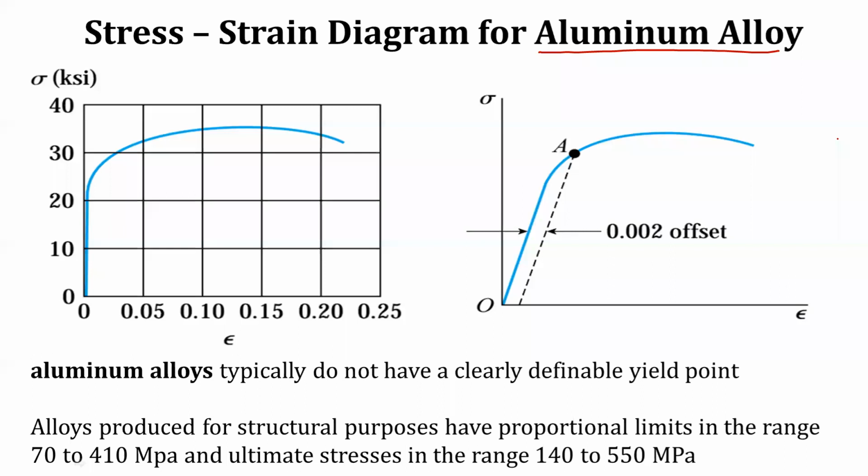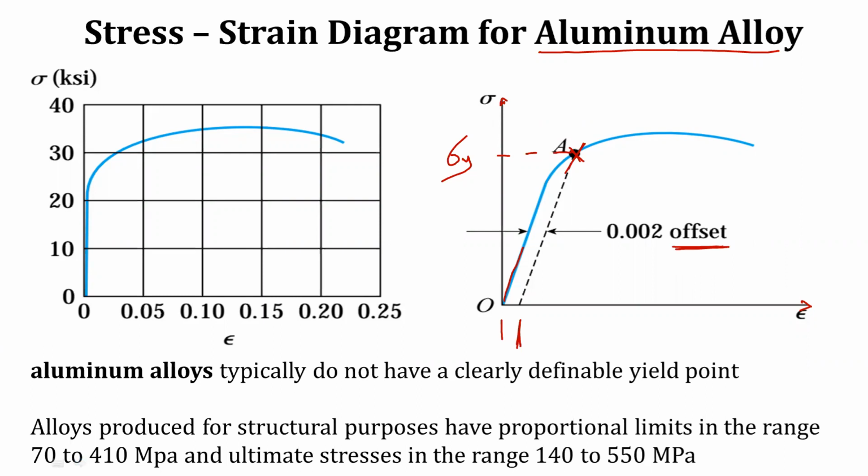But to find the yield point for aluminum, we use the offset method. On the strain axis, take the value of 0.002 strain and draw a line parallel to this line, and wherever this parallel line cuts the stress strain curve, that point is your yield stress. So this will be sigma y, that means yield stress. And this method of calculating the yield stress is called the offset method.